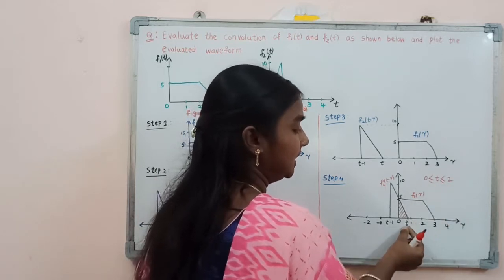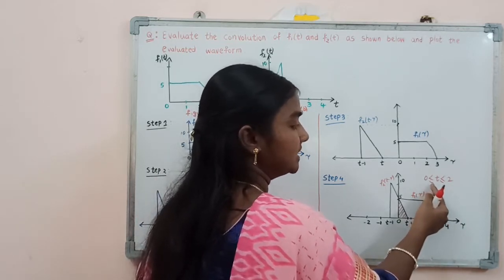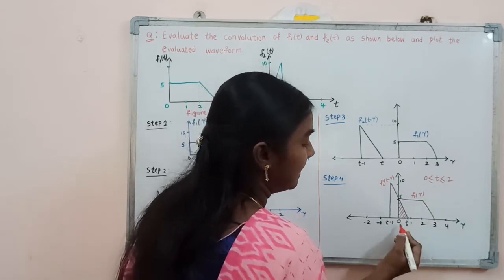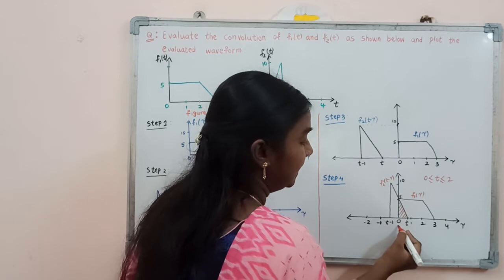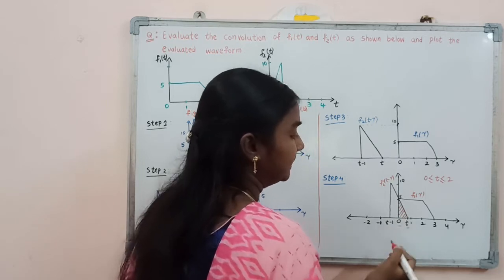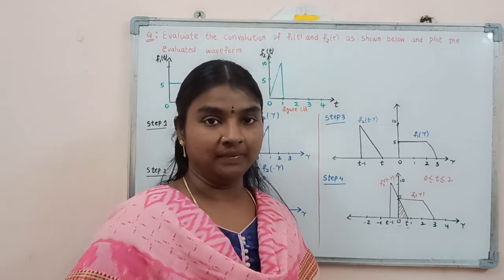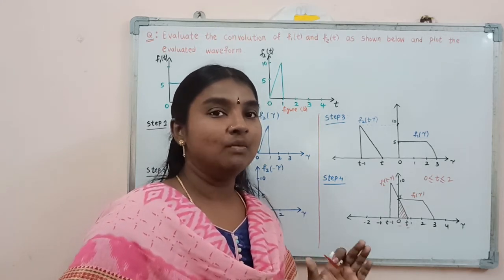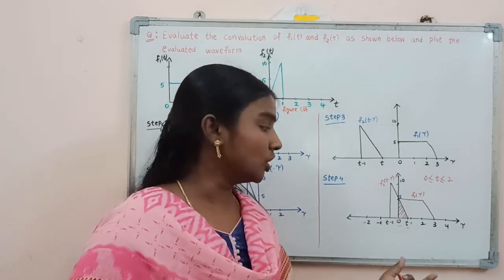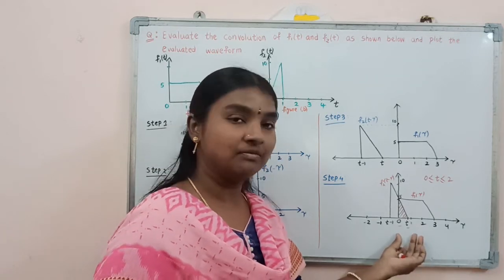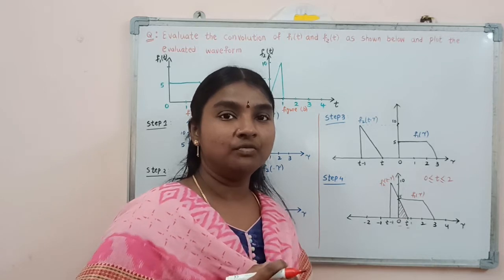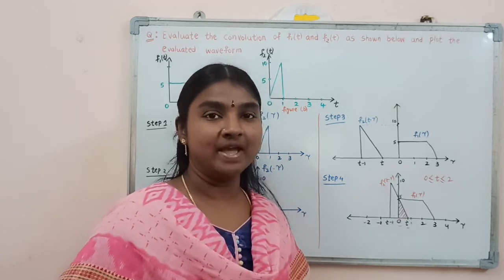When t is 0 less than or equal to t less than or equal to 2, this is the overlapping period we may observe in the time instant from 0 to t, so that we may find the output signal y of t by considering the common time instance of this overlapping period. Now we are going to find the output signal y of t.